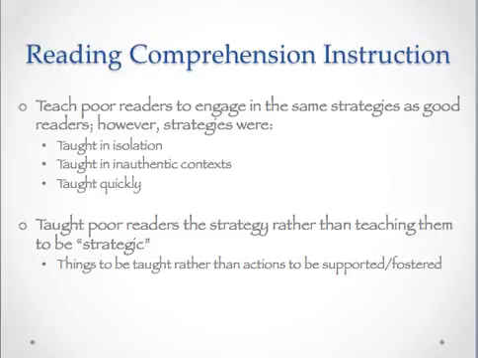And they were taught quickly. So they didn't involve students in the kind of deep processing that we know is very important for vocabulary instruction and also very important for reading comprehension instruction. The authors of this chapter, Omansi and Hart, argue that they taught poor readers the strategy rather than teaching them to be more strategic.